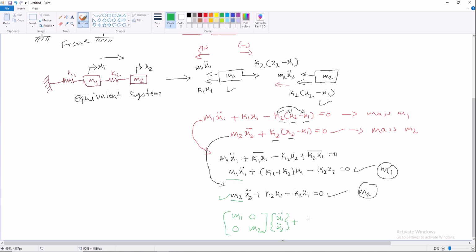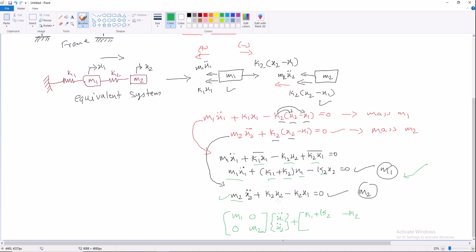Now I would like to write the stiffness matrix, since I have the stiffness values k1 and k2 over here. Considering the equation of mass m1, x1 is associated with k1 plus k2, and x2 is associated with minus k2.